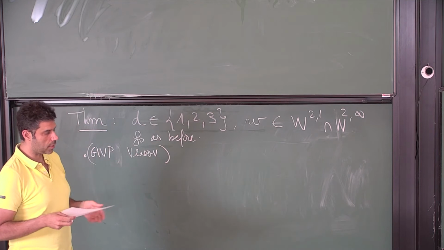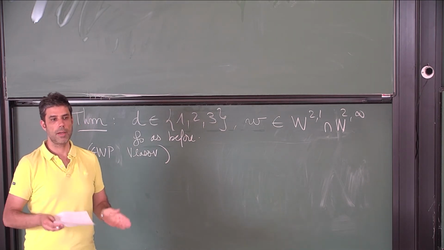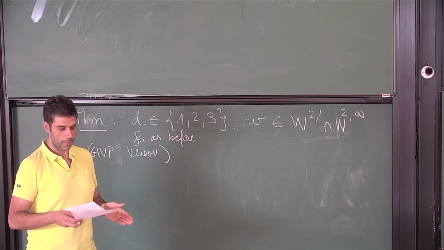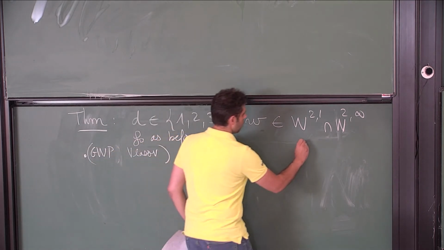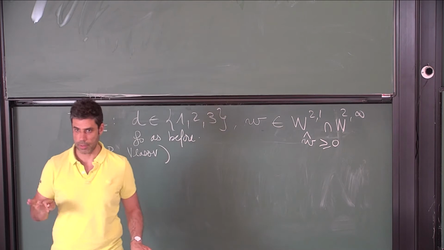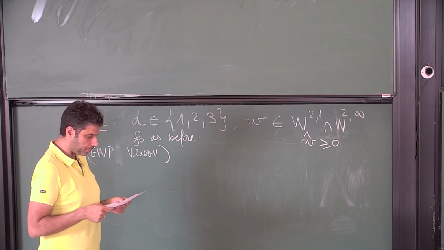That's what I started to vaguely explain. We will look at an initial state which has a finite relative entropy with respect to the gas. I forgot to say something important, that we will assume that W is of positive type to make sure the interactions do not do anything too bad.